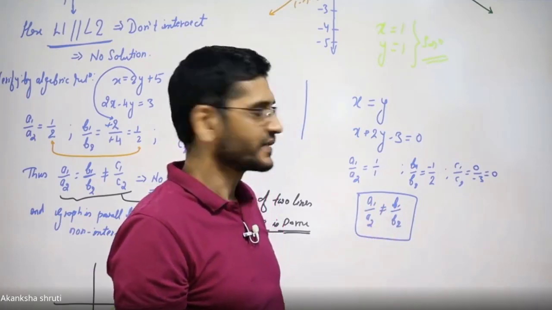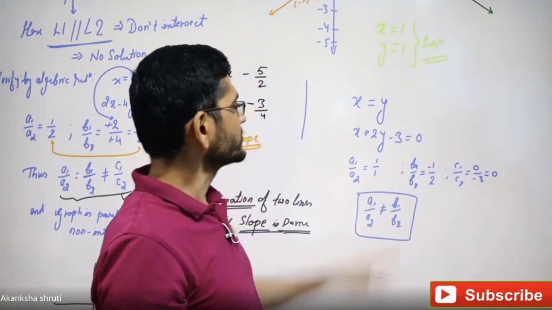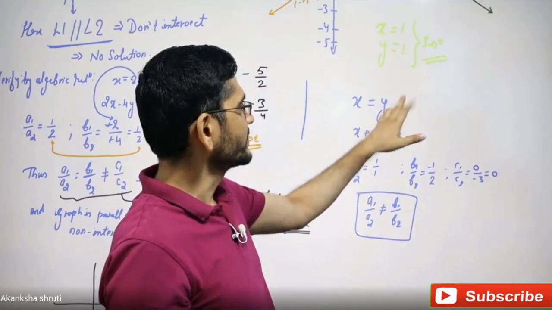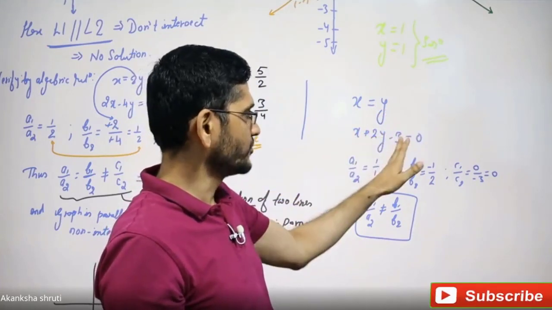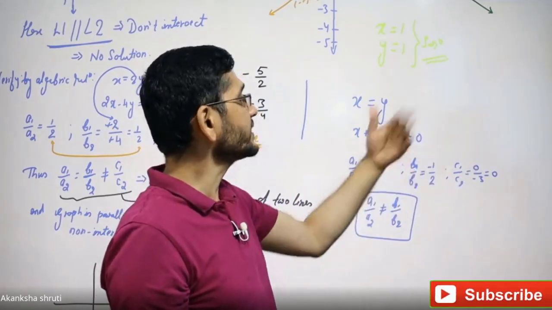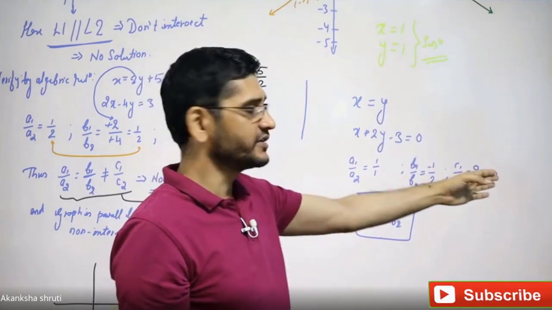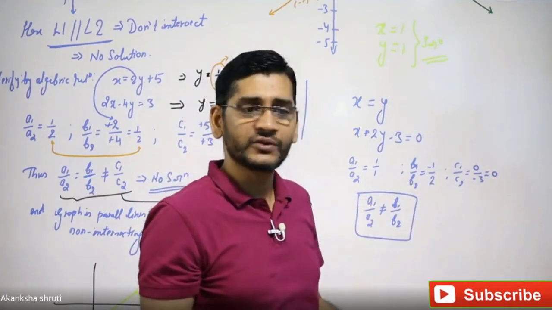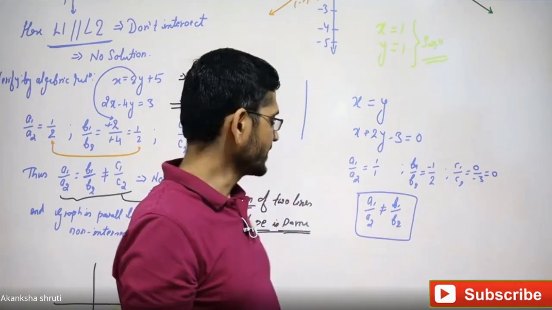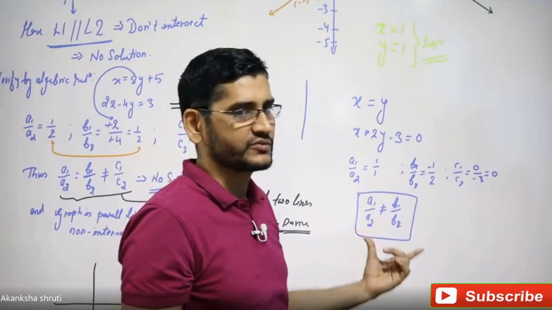Now only this first relation is enough, because even if in one of them there is no c, the ratio will be either 0 by some constant, which is 0, or if you are taking this constant by 0, it becomes indeterminate. Indeterminate is not existing in mathematics. So that's why, to avoid that kind of confusion, cleverly the situation is written like this one: a1 by a2 not equals to b1 by b2.